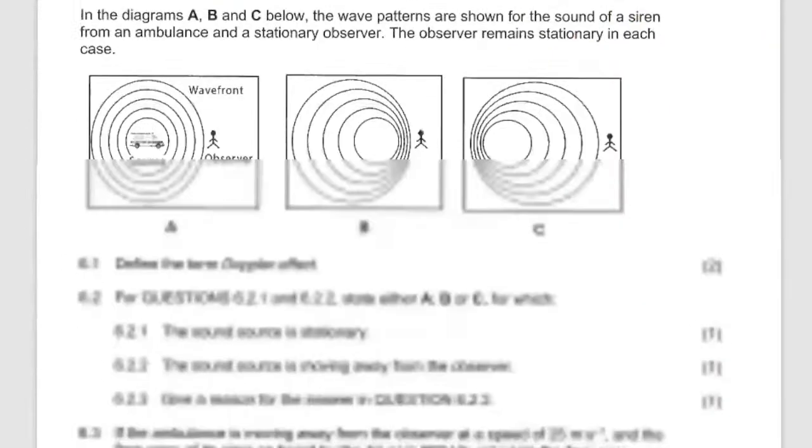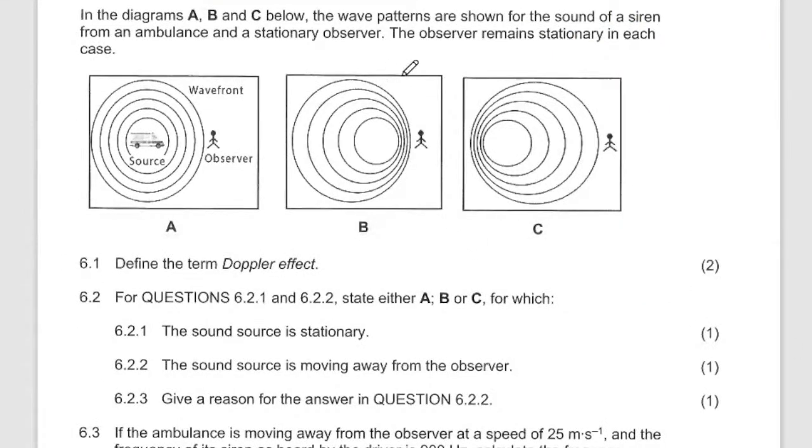They're telling us that in the diagram A, B, C below, the wave patterns are shown for the sound. So this is A, this is B, and this is C. Can we define the Doppler effect? The Doppler effect is the apparent change in the frequency that is received by the listener as a result of the change in the velocities.